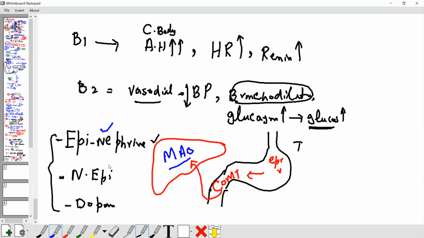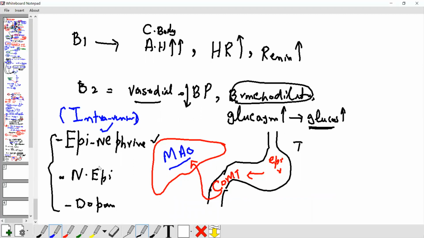If absorption is done, the drug enters the blood. All the blood from the GIT enters the liver first, so breakdown happens there. So the oral route is not preferable. You can't use it orally. Only IV, intravenous. Understand?